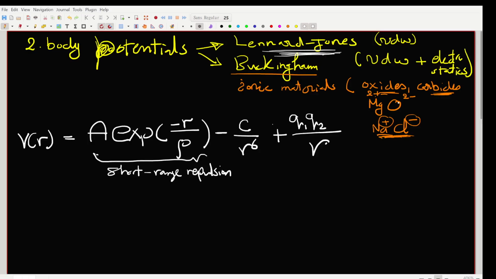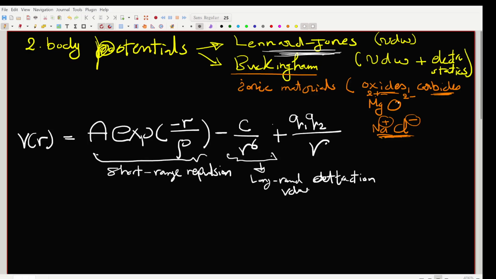So this exponential is supposed to replace the r power 12 term in the Lennard-Jones potential. The r power 6 term is exactly the same as what we have seen before in Lennard-Jones. So this is supposed to represent long-range attraction, or that's pretty much really the van der Waals description.